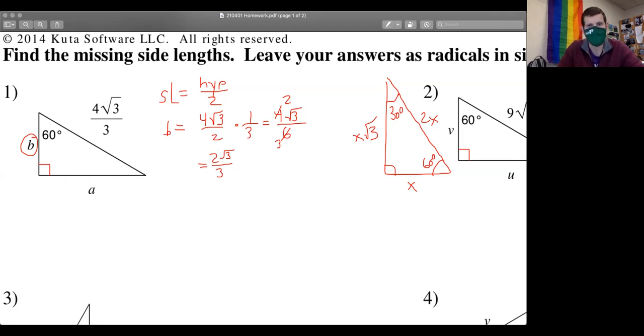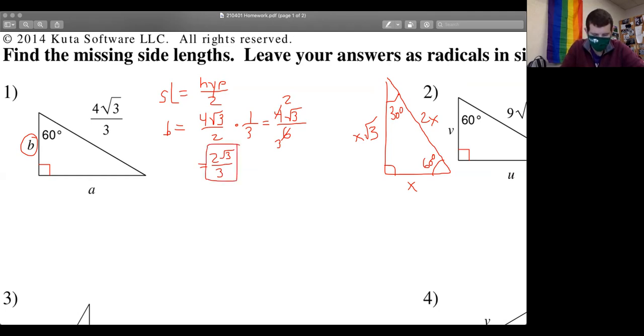So if you came up with 4 square root of 3 over 6, and you didn't simplify it to 2 square root of 3 over 3, then you at least get partial credit because you were on the right track. You just forgot to do the final step. So don't worry if it says initially that you missed a number of problems. You might get some partial credit back if you knew what you were doing and you just missed one little step along the way. So anyways, that's the answer for b. We cannot simplify that any further.